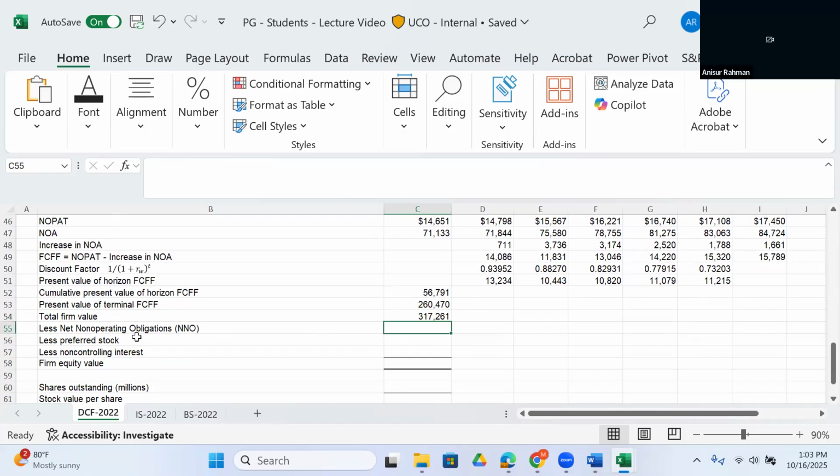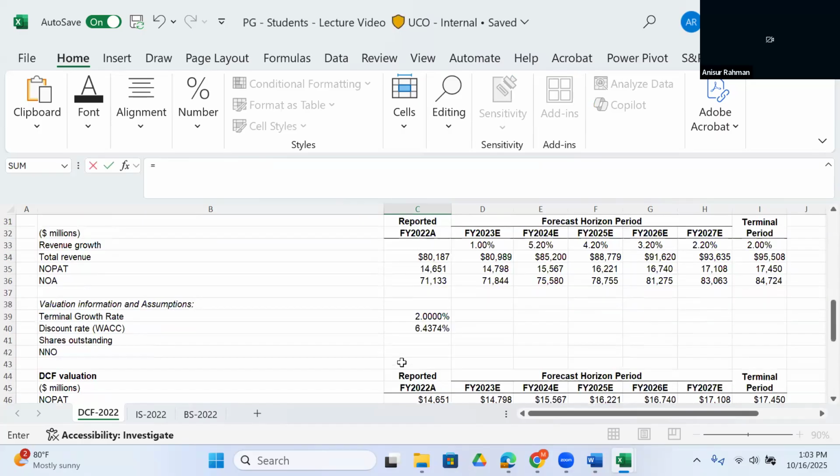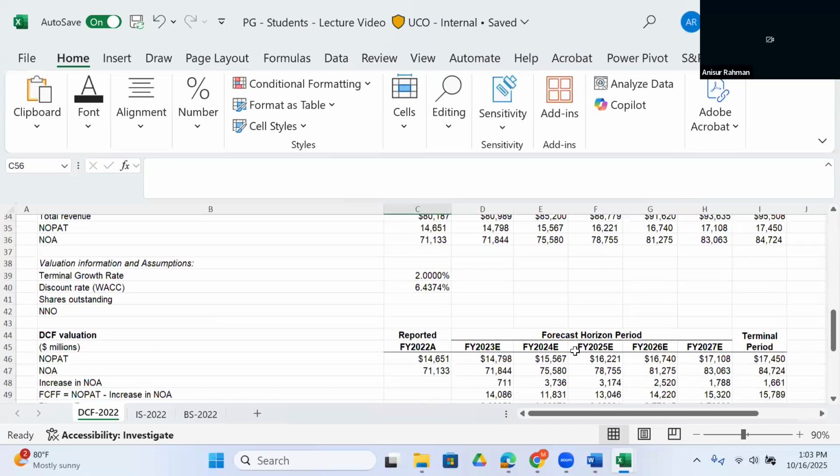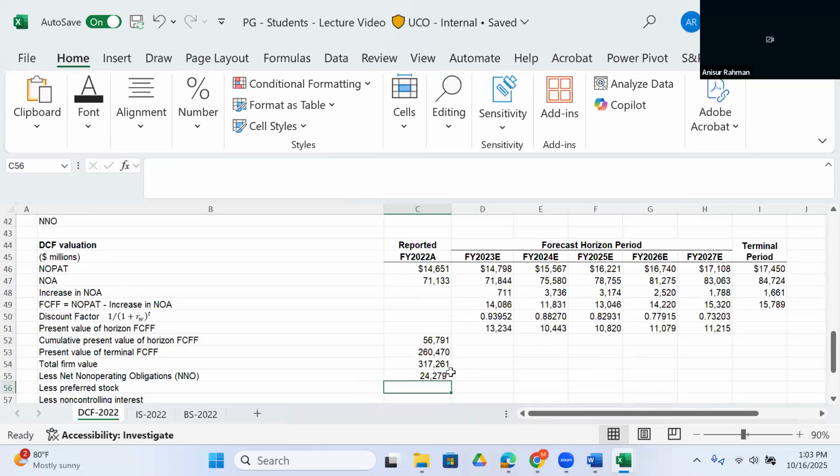Now we have to subtract the net non-operating obligations, which we already found here. And then preferred stock. Let's see if we have any preferred stock in the balance sheet.